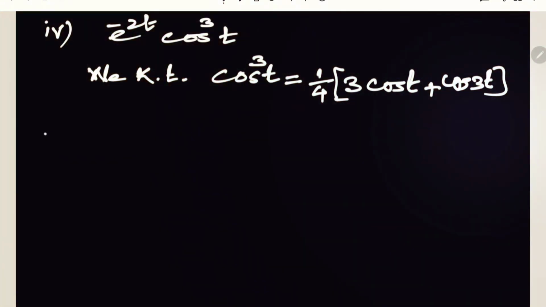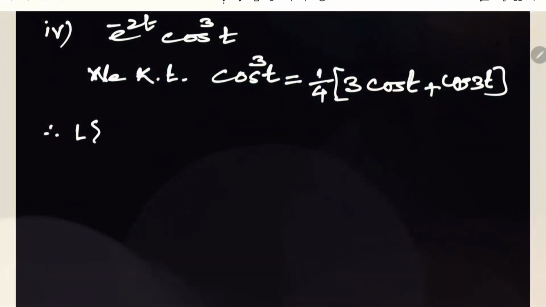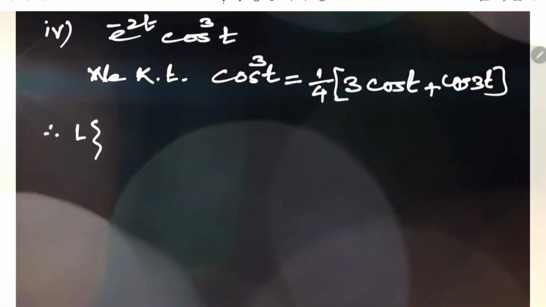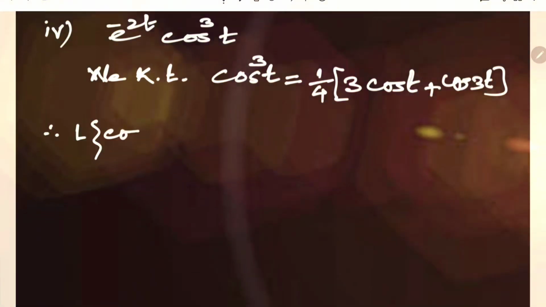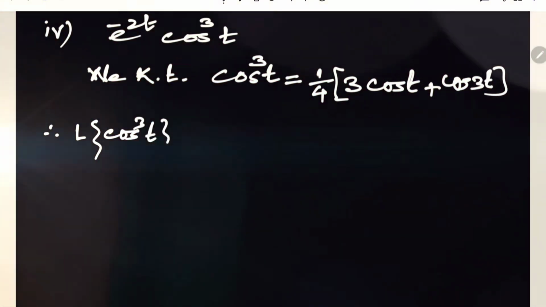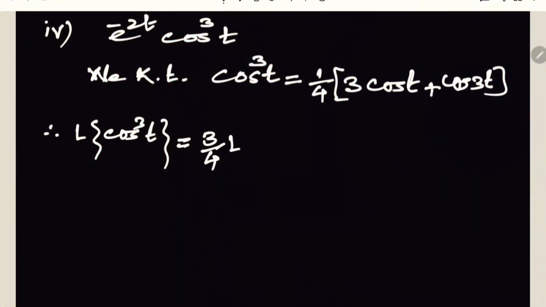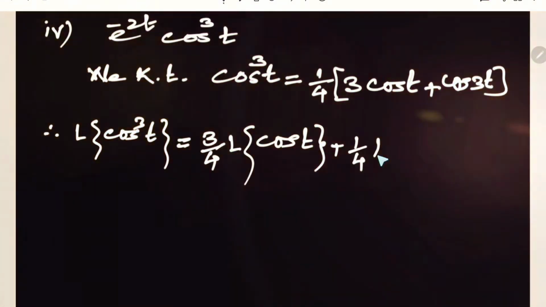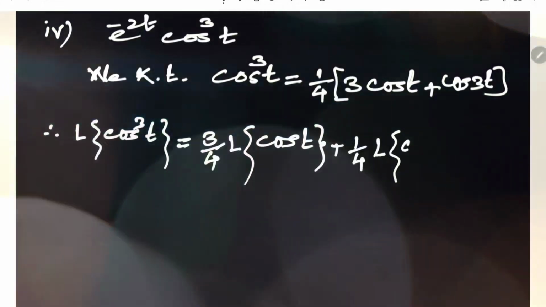That is the first step. Then taking Laplace on both sides, Laplace of left hand side is equal to Laplace of right hand side. Therefore Laplace of cos cube t is equal to 1 by 4, means 3 by 4 for the first term, Laplace of cos t, and multiplying by 1 by 4 inside the bracket, we get second 1 by 4 Laplace of cos 3t.